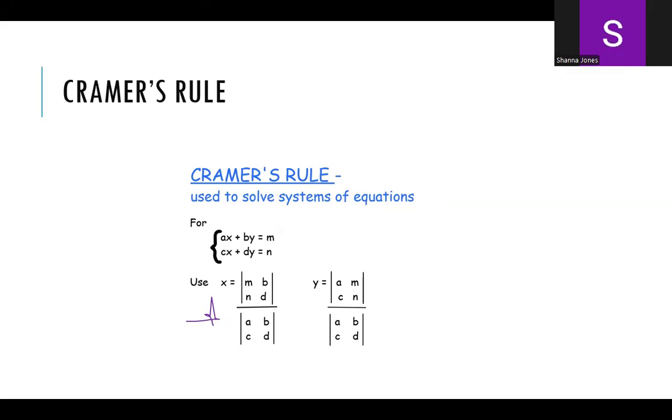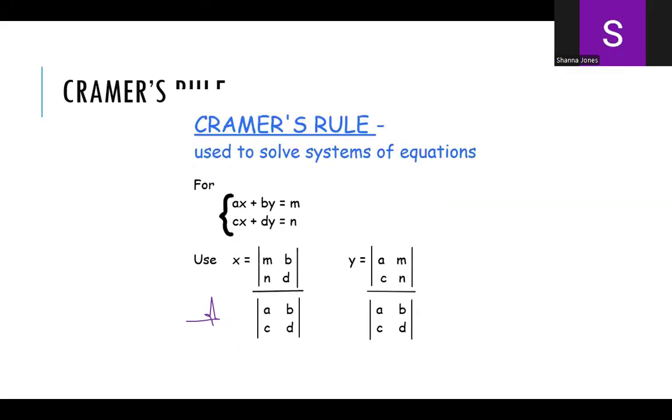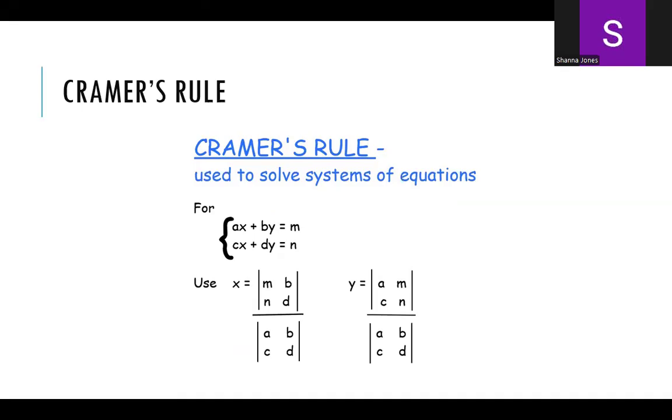I'm pretty sure this was a time before technology. It had to be a time before technology. But he realized that you can use it to solve systems. And so it's actually a fairly simple way of doing it. But you have your system. We all are familiar with this from our previous unit, right? So you have your system. You're going to define your x value.